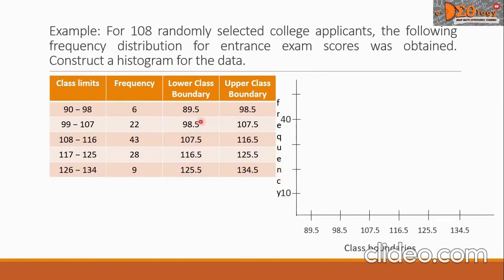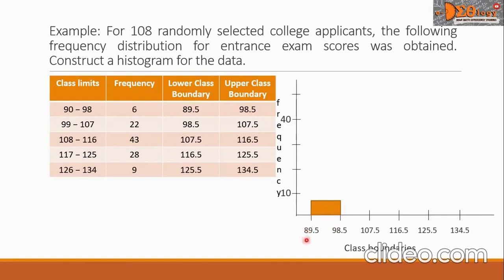Now let us describe the first class interval. Take note, the first class interval has lower class boundary of 89.5 and the upper class boundary is 98.5. So this is from this point up to this point in our horizontal line. So the rectangle corresponding to our first class interval is given here.